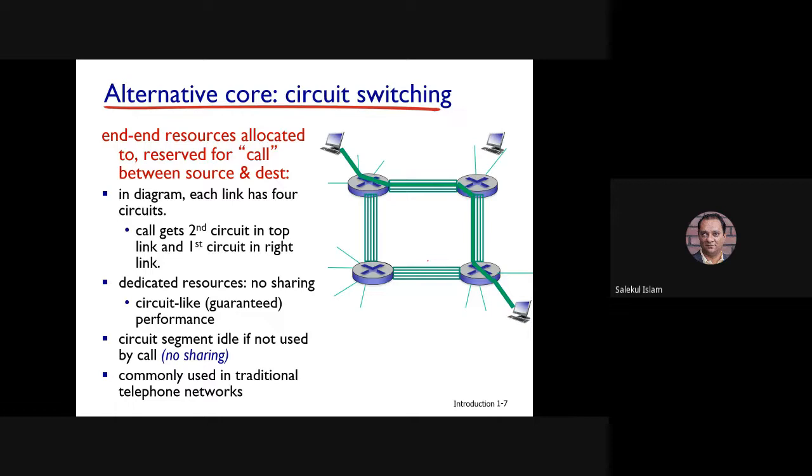But the difference is, in that case, you have to reserve a path. Circuit switching is quite a different technique compared with packet switching: the end-to-end resources are allocated or reserved for a call between source and destination. Here a call means one single transmission.